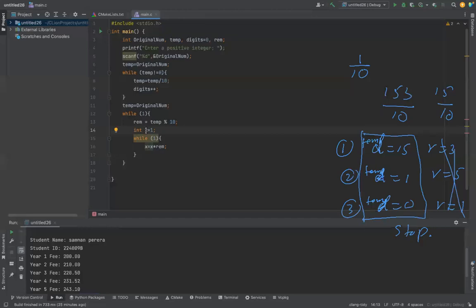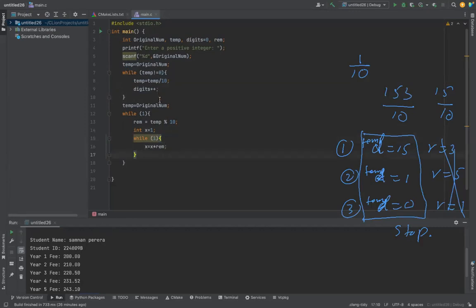Then you have to stop the while loop once the digits become 0. That means you have to reduce the digits one by one. If it is 153, we initially calculate the number of digits as 3.